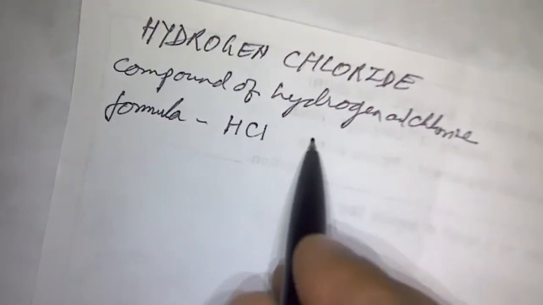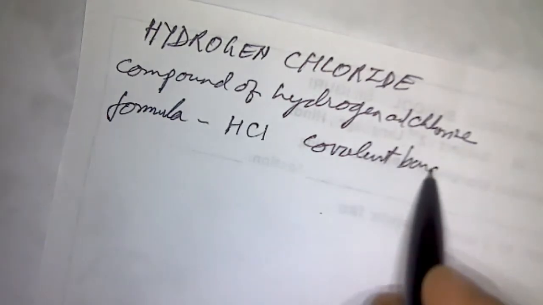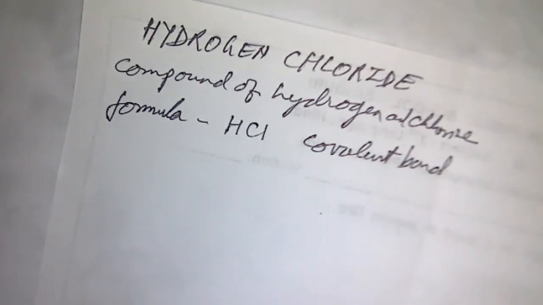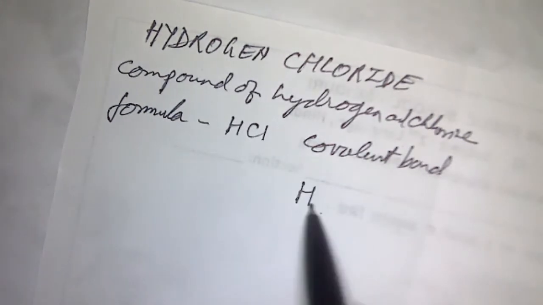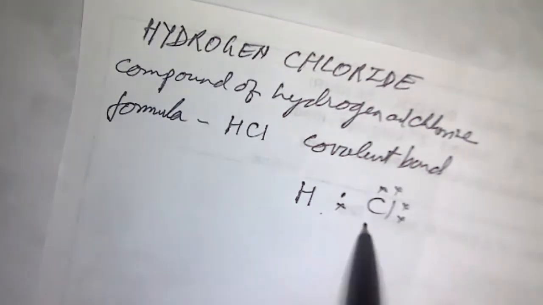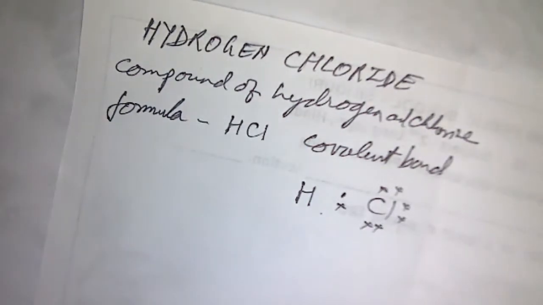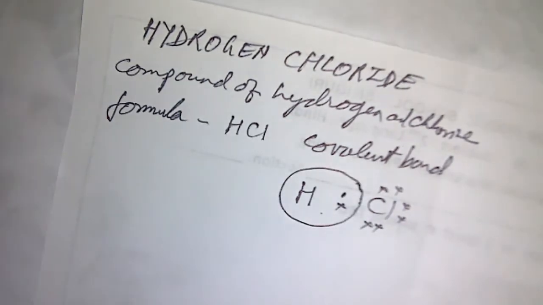So whatever bonding, covalent bond. And you know, in a covalent bond, what happens? Sharing of electrons takes place. So hydrogen and chlorine share a pair of electrons, isn't it? So how do they share? I can give you like this. Hydrogen gives 1 electron, chlorine has 7 electrons, so it also contributes 1 electron. So hydrogen has 2 electrons, that is stable.